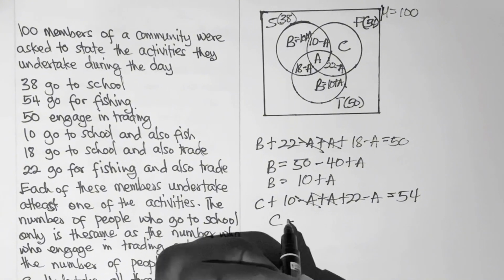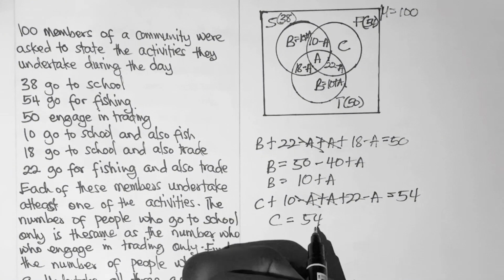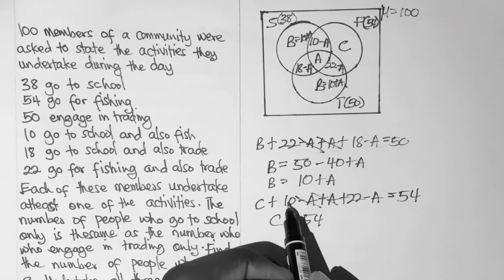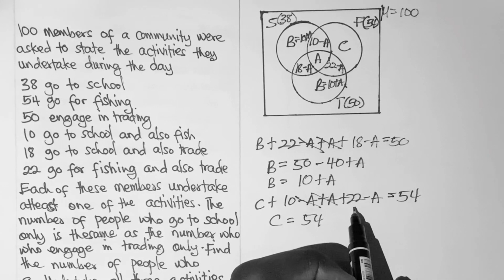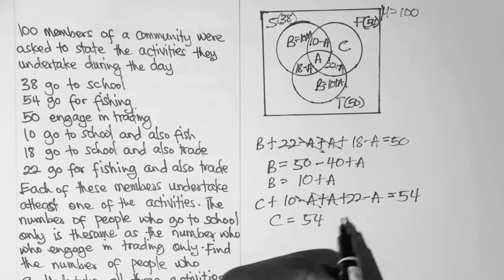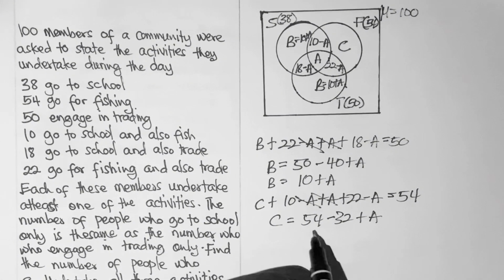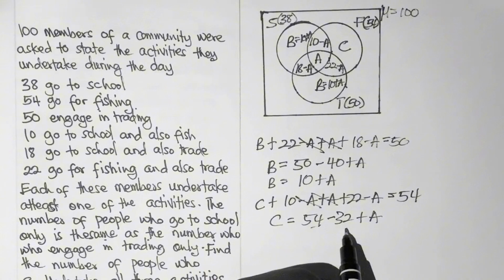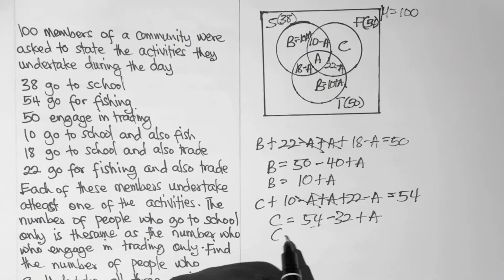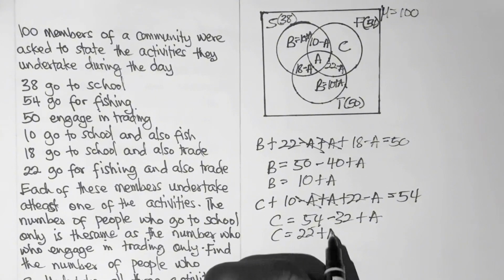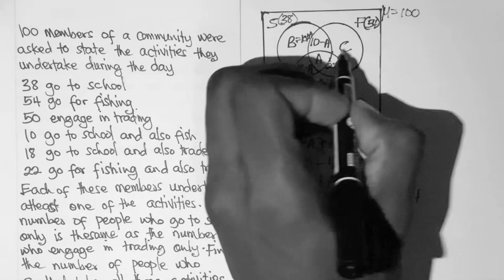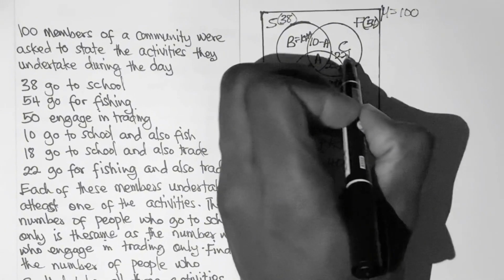So we know that C is equal to 54. And then now 10 plus 22 is 32. So minus 32 plus A. Now 54 minus 32, that's 22. So C is equal to 22 plus A. So this region is 22 plus A.